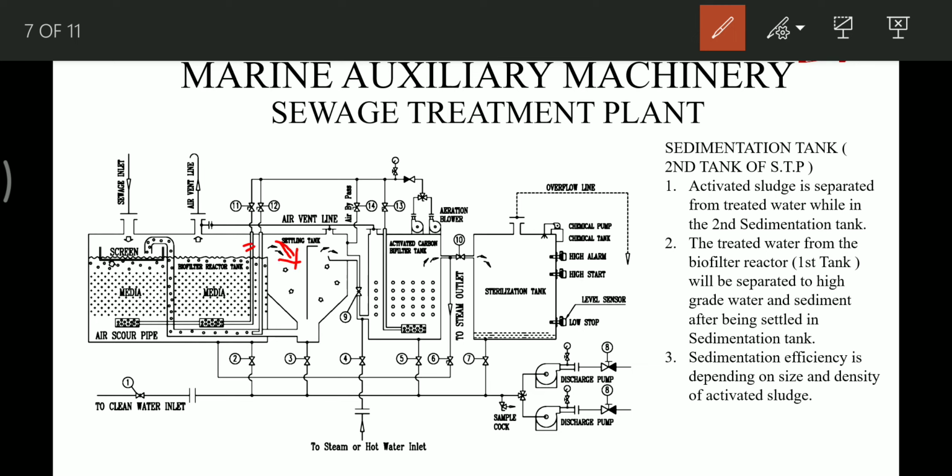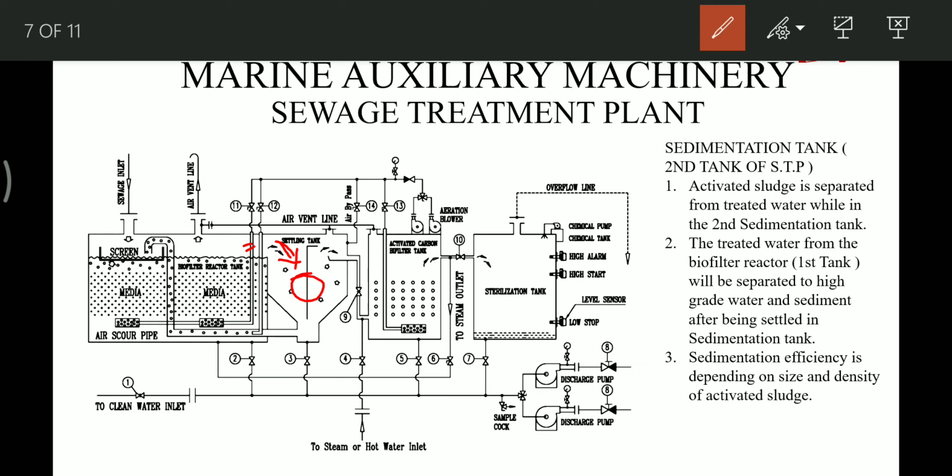So this activated sludge is separated from the treated water in the second tank, which is the sedimentation tank. The treated water from the biofilter, that is the first tank, will be separated into high grade water and sediments after being settled in the sedimentation tank. So basically the settling takes place in this tank.